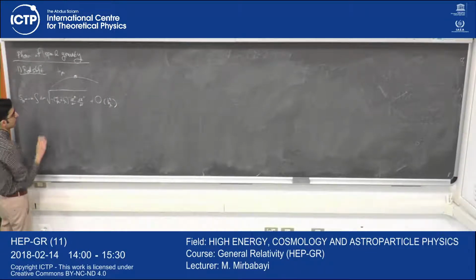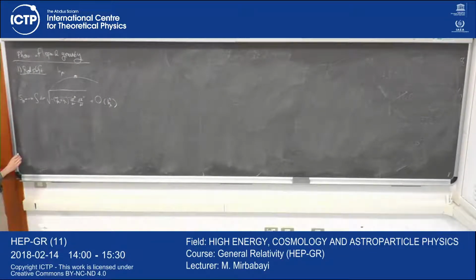And once we write it in this form, it's clear that the measurements of the clocks are going to be the same as if there was no gravitational physics, if we redefine new coordinates.